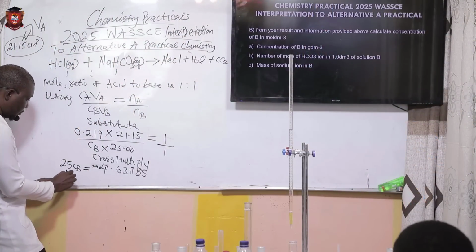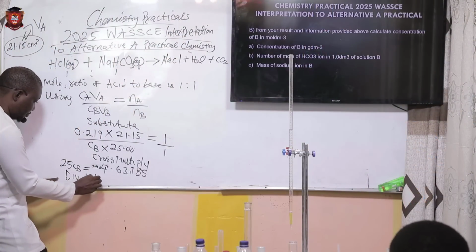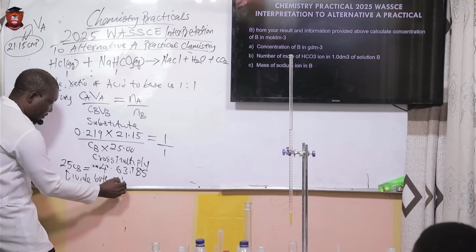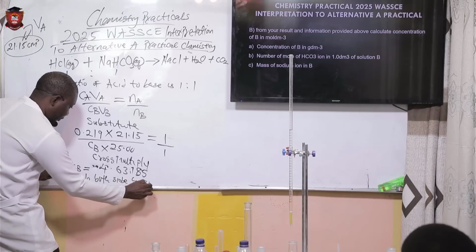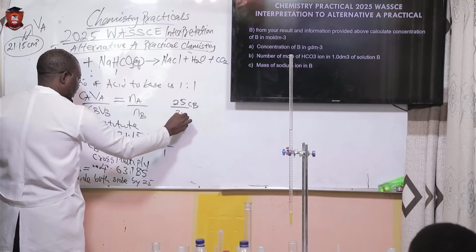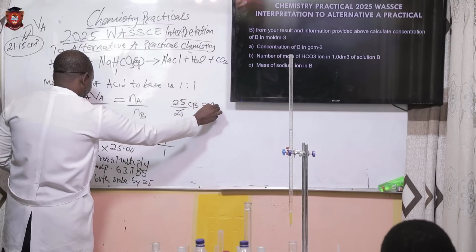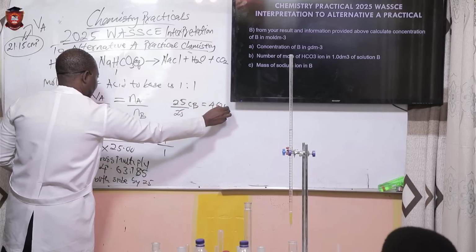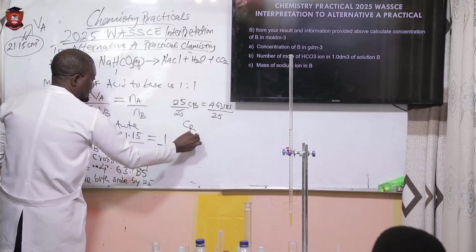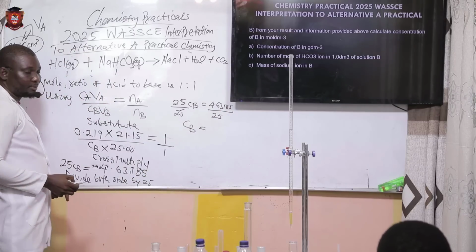You divide both sides by the CB coefficient, which is 25. So you say 25 CB divided by 25 equals 4.63185 also divided by 25. So CB alone now is 0.185.